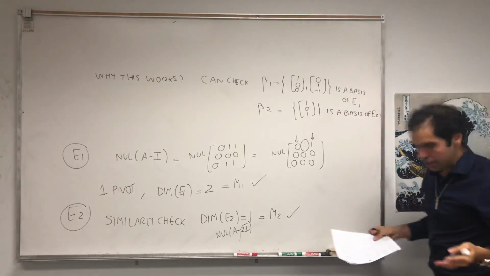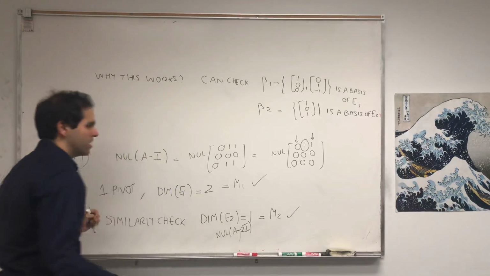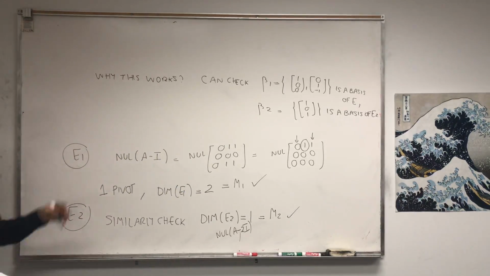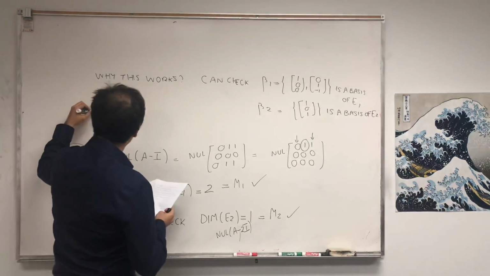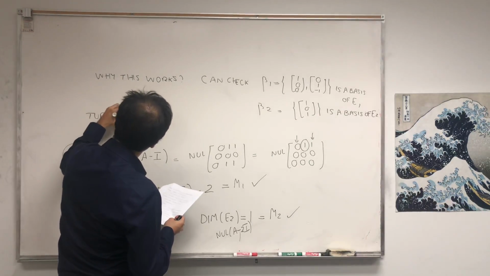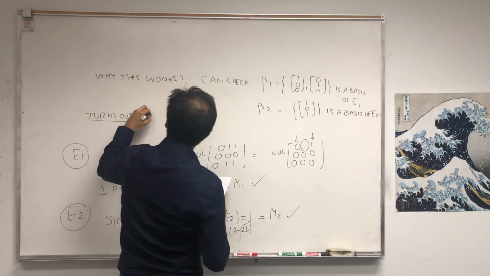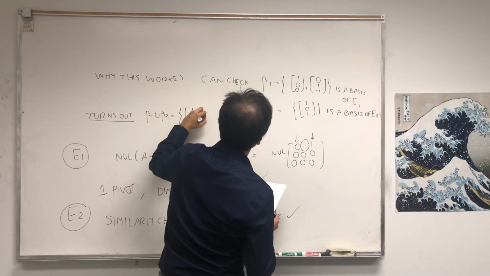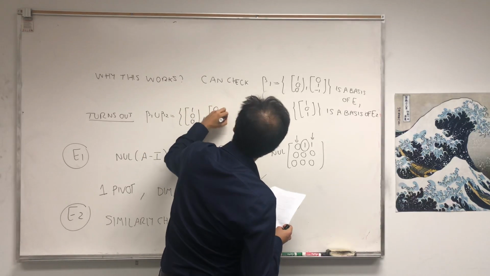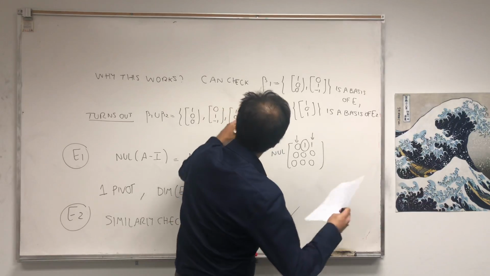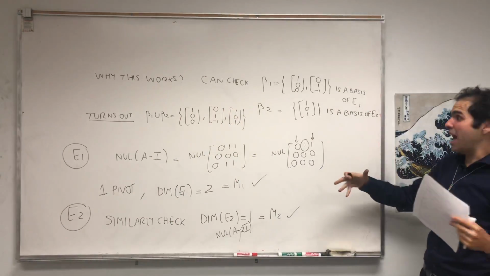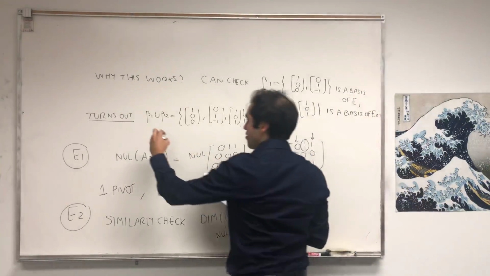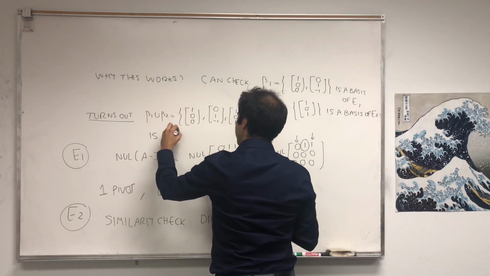Now, in general, if you put two bases together, there's no chance that the whole thing is a new basis, but it turns out here it is true, and we'll show that. So if you put beta 1 and beta 2 together, there's no debate that this whole set is a basis for F3, R3 in this case.